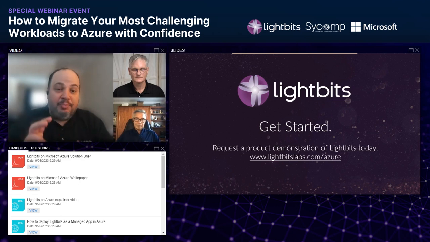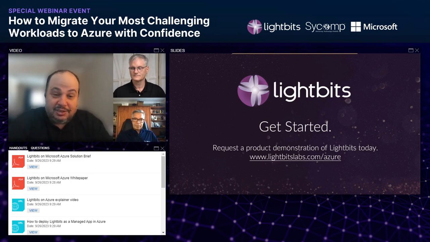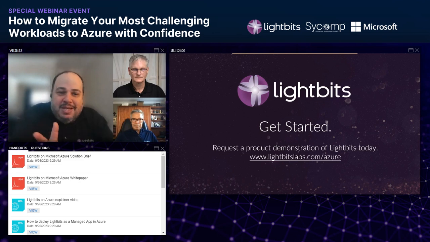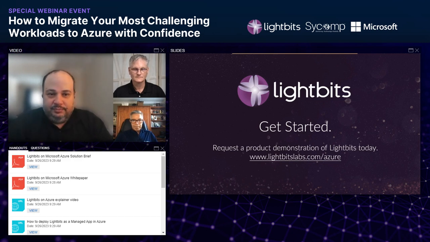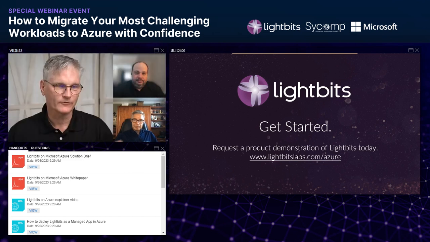So you are not over-provisioning the system. And I think that over-provisioning was one of the items that Henry was referring to. That's why they are working hard to find the right sizing and minimize over-provisioning, because in the end it's cost. And this is one of the key reasons why Lightbits is more cost efficient than the alternative.